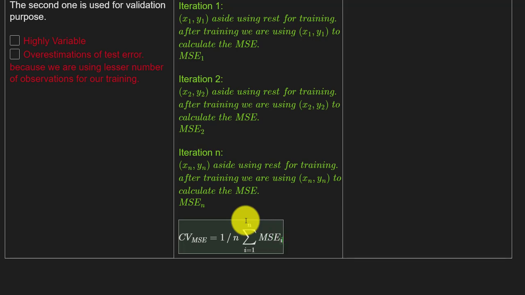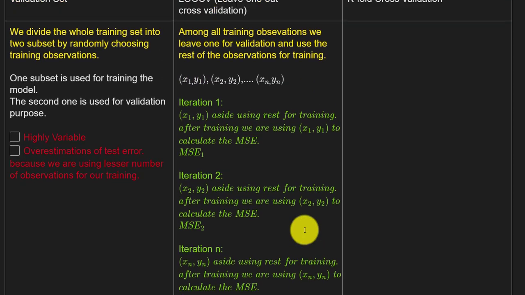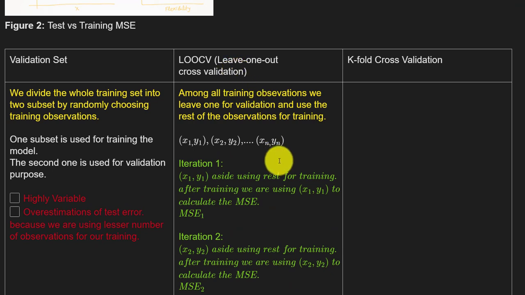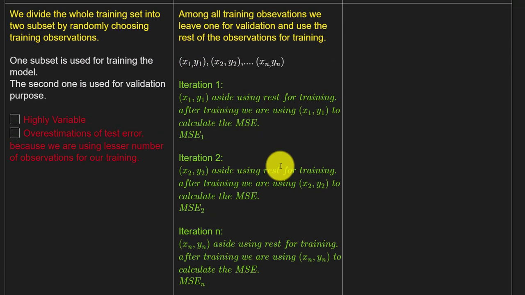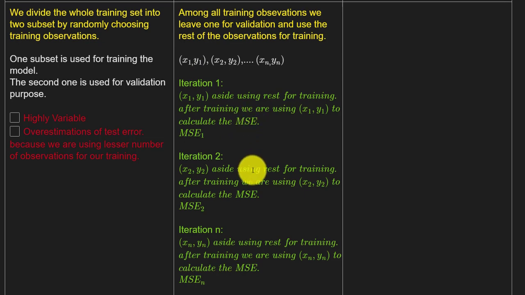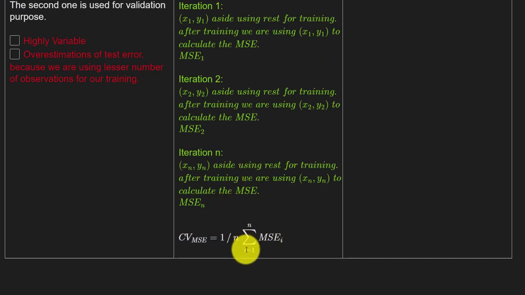So this will be the MSE value for the leave one out cross validation method. What we are essentially doing is, in each and every iteration we take a single entry, use that entry to calculate the MSE value, and at the last we take the average value.